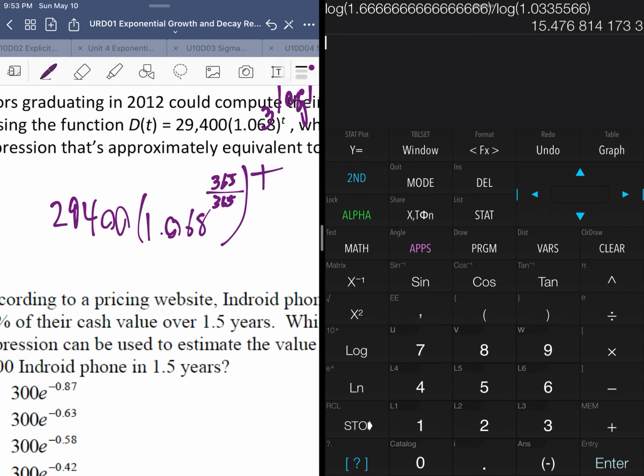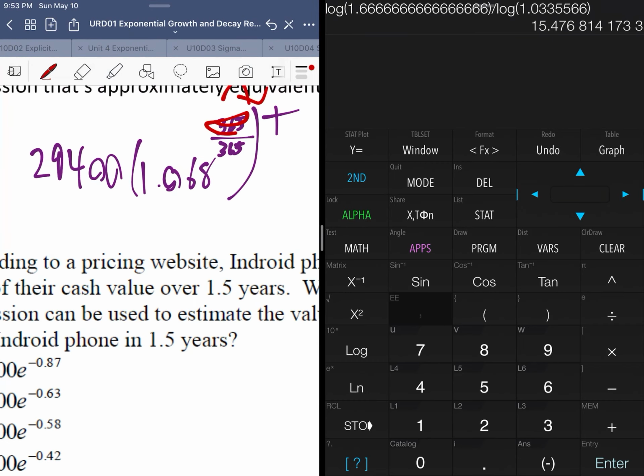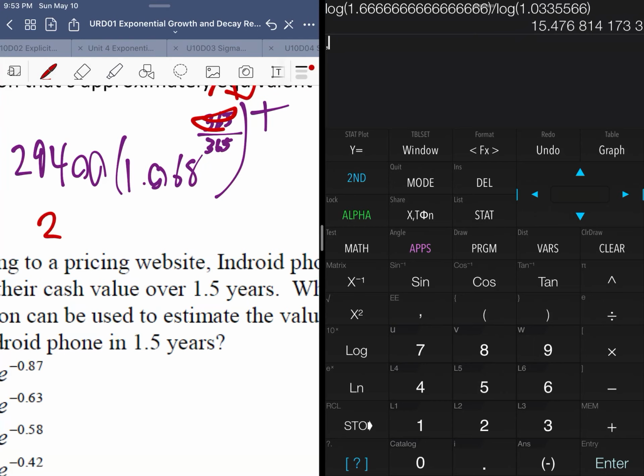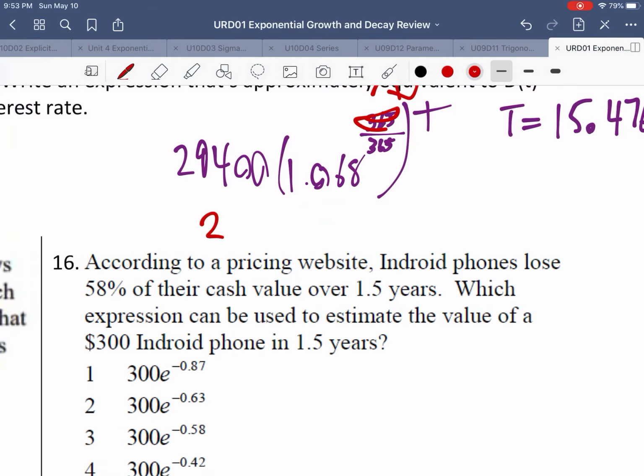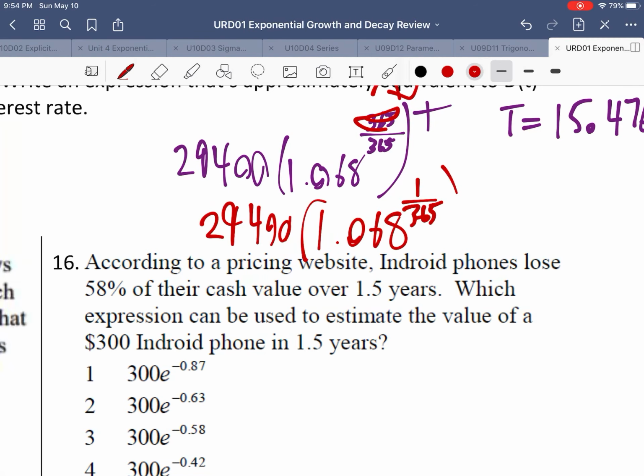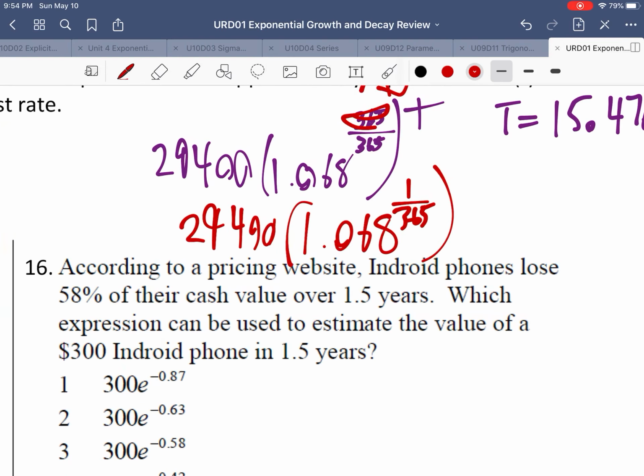And just like I was able to bring the 1/10 inside before, I can bring the top 365 to the outside of this parenthesis. So this will become 29,400 to the 1.068 to the 1 over 365 to the power of 365t.